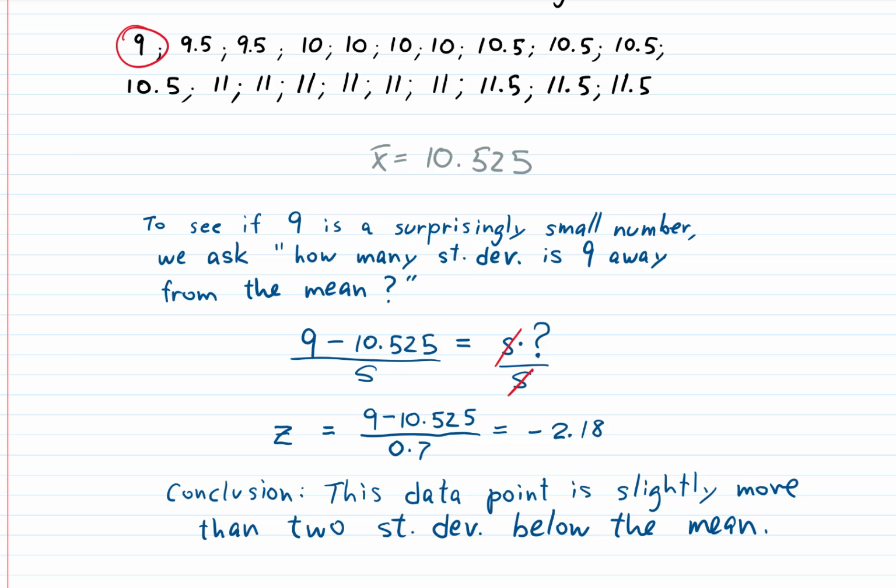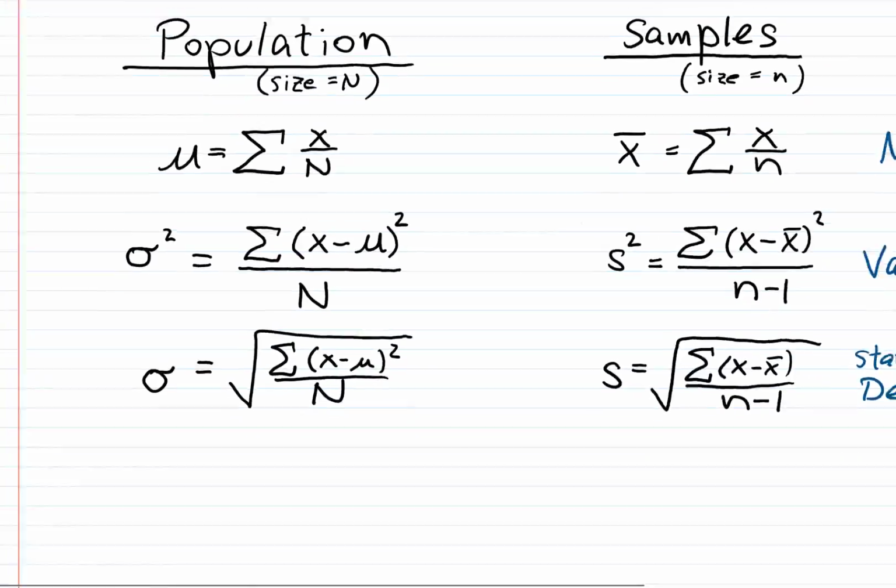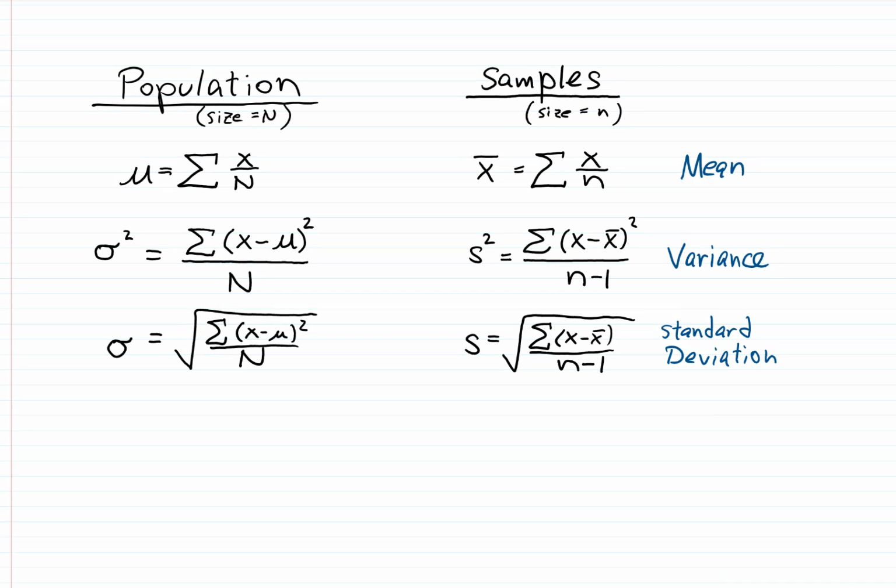Okay? All right, so we have a new formula called the Z-score, which is the data point minus the average divided by the standard deviation. Let's put that in our table of formulas that we're learning today. When you're looking at somebody in the sample, you calculate their Z-score by taking their data point, subtracting the sample mean, and dividing by the standard deviation.